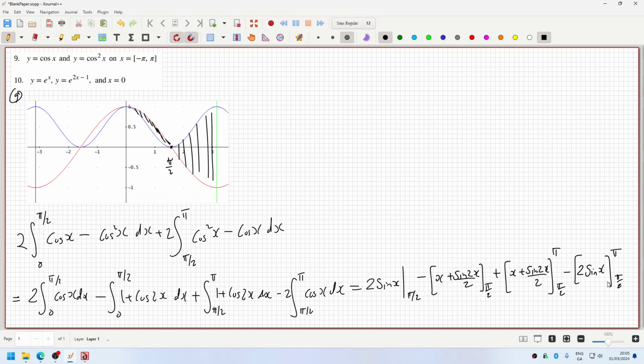But sine pi is 0, so I can change it to plus and just calculate at sine pi over 2. Sine pi over 2 is 1, times the 2 that's 2, and the other one is also 2, so that would be 4.